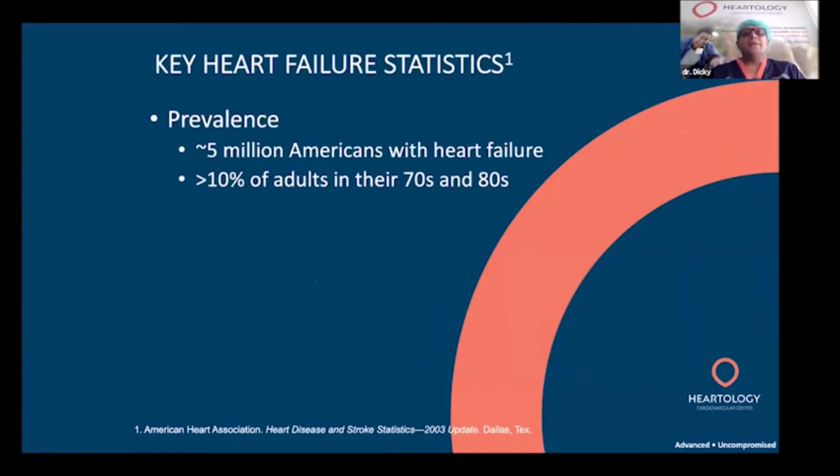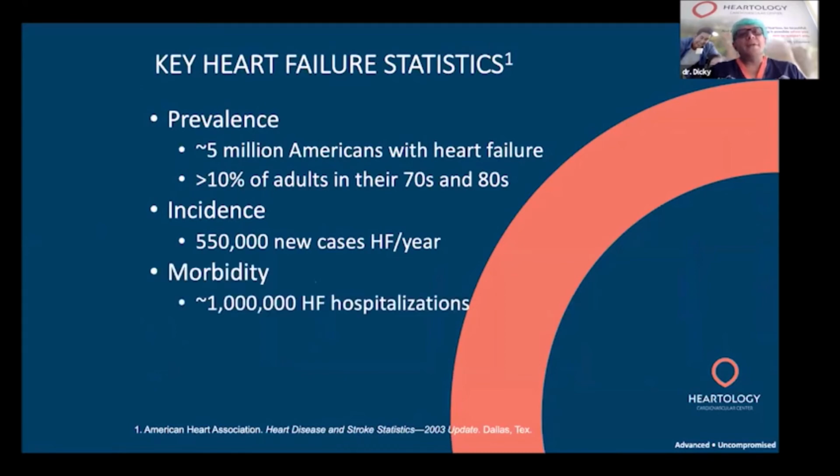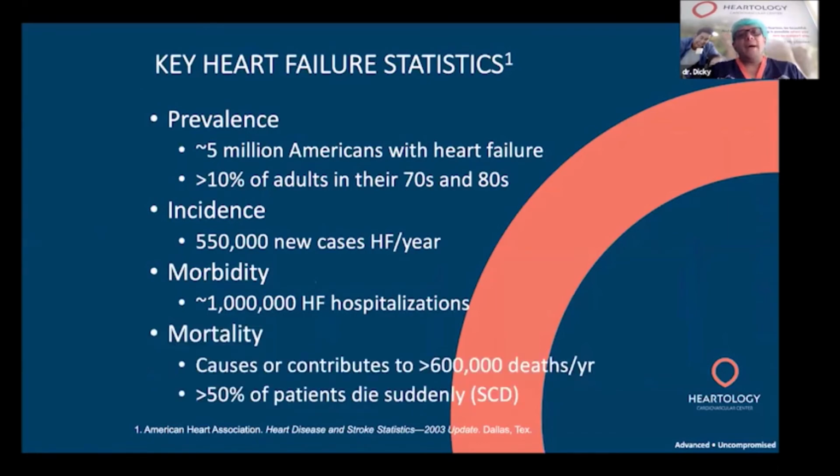Heart failure, of course, the prevalence is increasing, especially in older adults, and incidence is quite high, about 500,000 new cases each year, and the morbidity is more than 1 million heart failure hospitalizations in the US alone, which contributes to more than 600,000 deaths per year in the US, and 50% of these patients die suddenly.